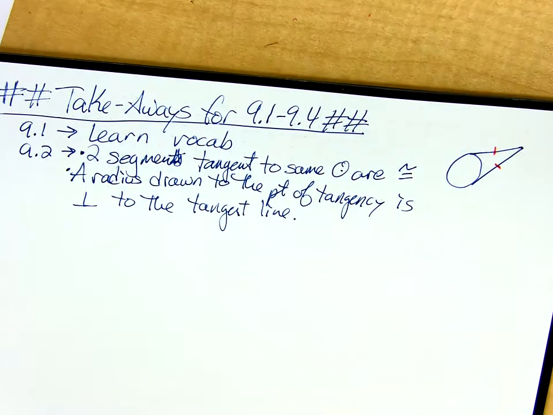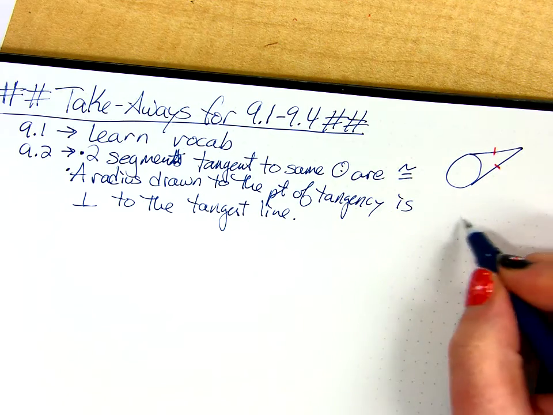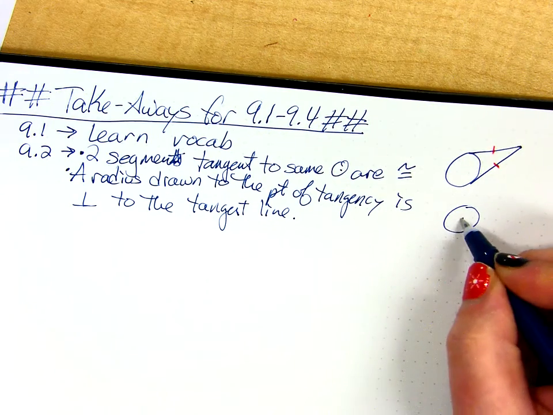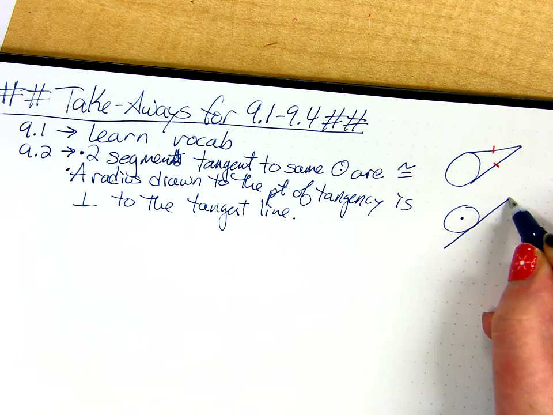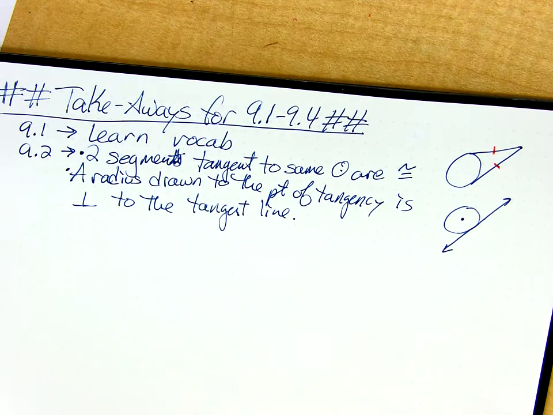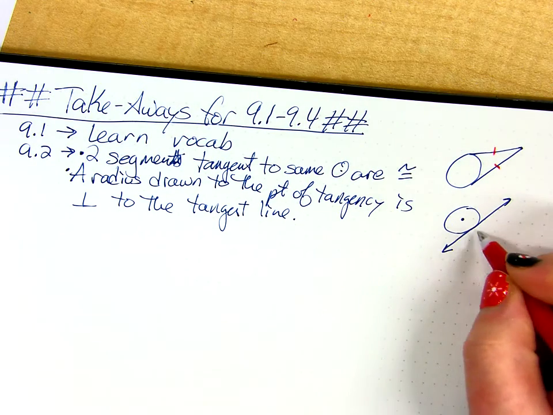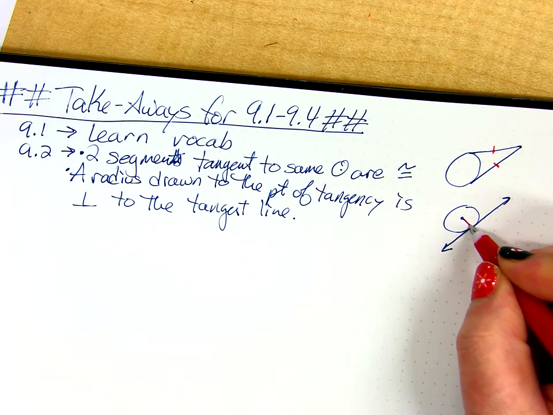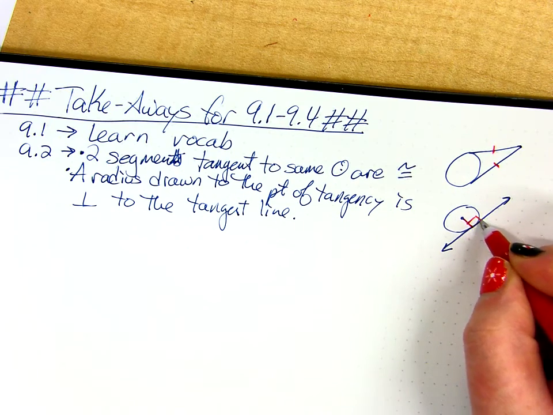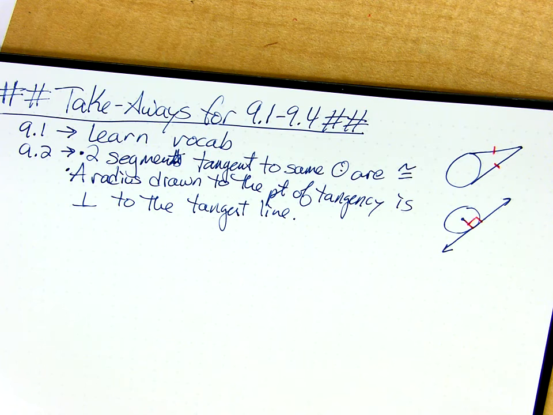So that looks like this. If I have some circle, I have some tangent line, if I drew in a radius to the point of tangency, I know that the radius would be perpendicular to that tangent line. Okay, those are the main points of 9.2.